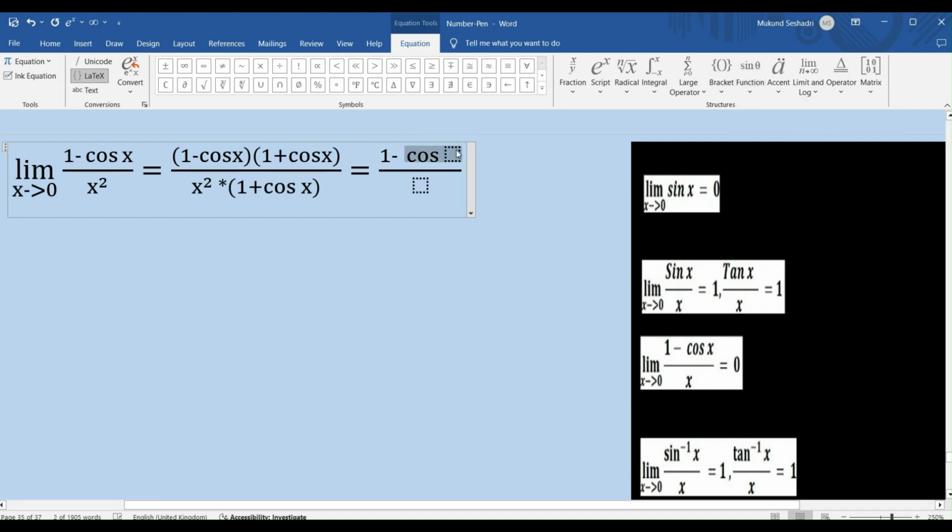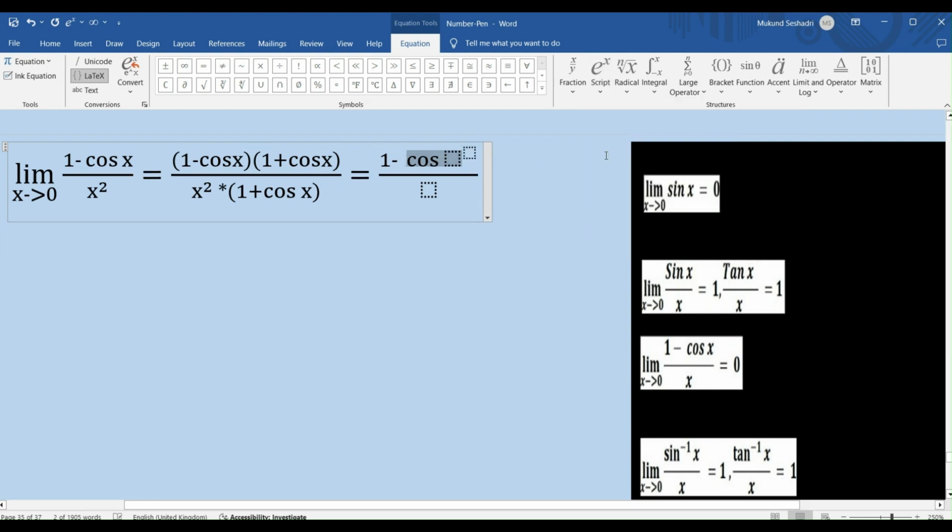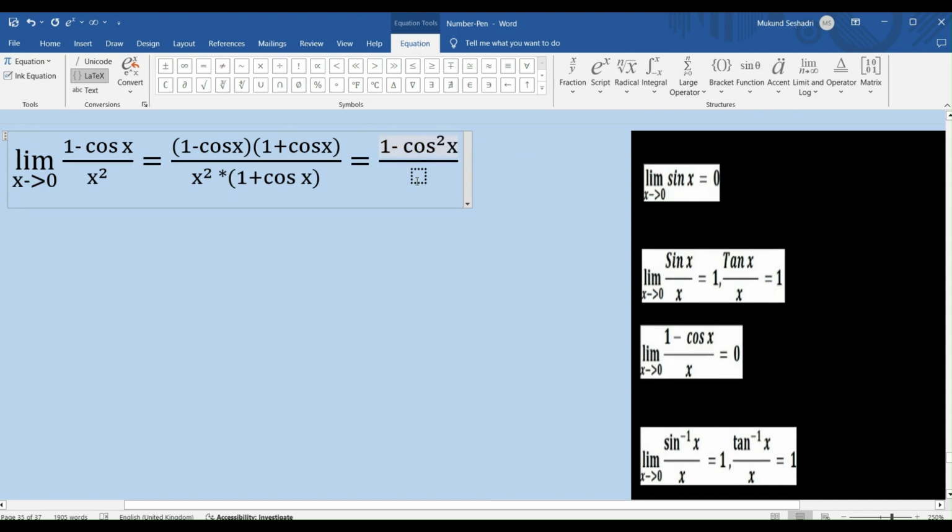And I'm going to write this like this. So there we have the updated expression. So you've got 1 minus cos square of x divided by x square into 1 plus cos x, right?